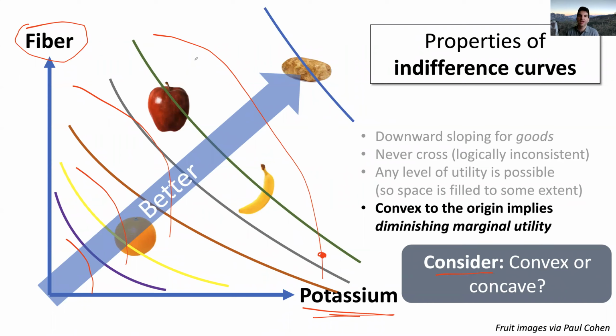I just view each one of these indifference curves, sometimes they're called level sets of the multi-objective utility function. So I guess I could type that in the chat, level sets of multi-objective utility function.